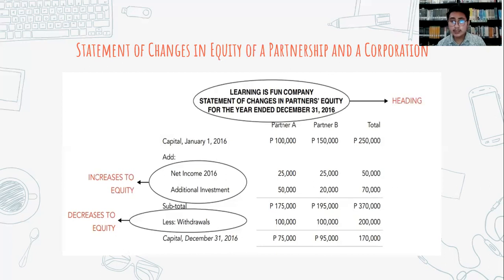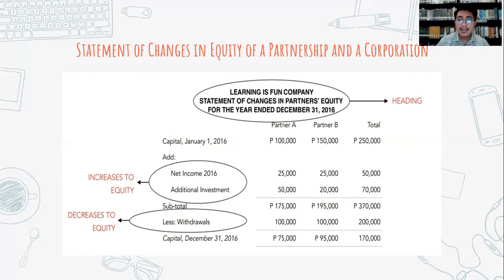Okay, then of course the next thing to do is to write the net loss or the withdrawal. So ililess po natin yung withdrawals doon po sa subtotal ng capital na inilagay ni partner. Okay, so for example sa withdrawal, si partner A nag-withdraw ng 100,000 pesos and also si partner B nag-withdraw din ng 100,000 pesos.